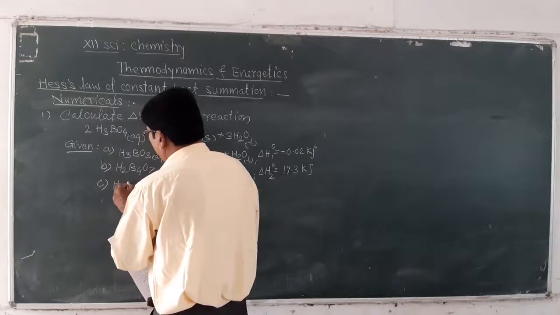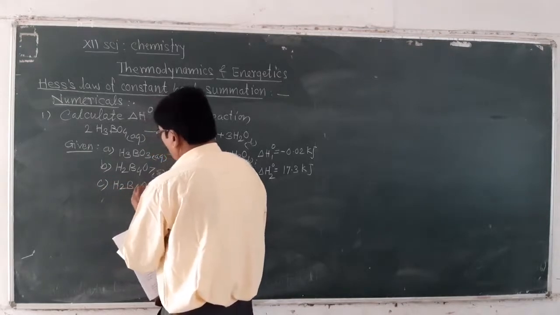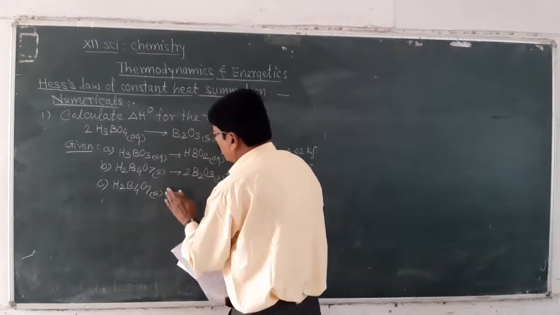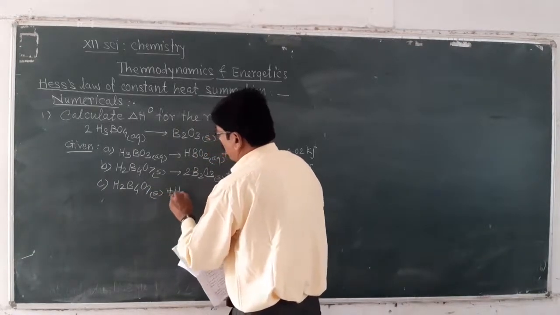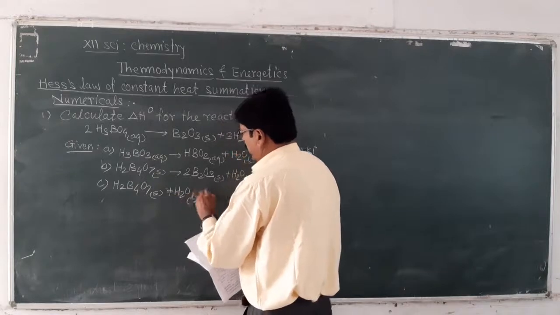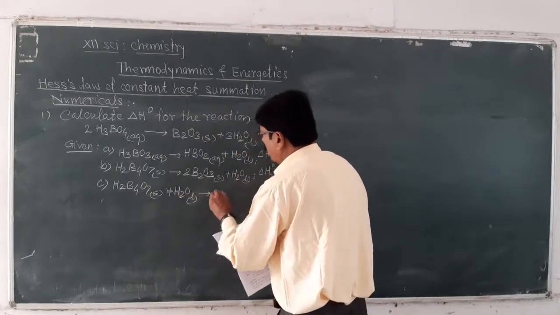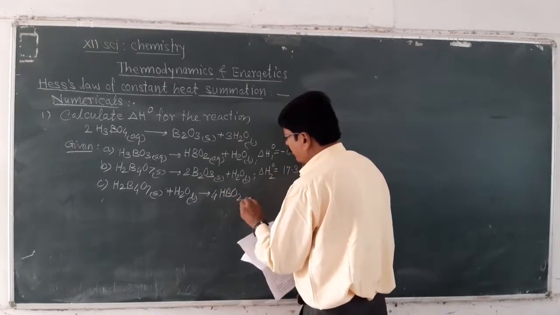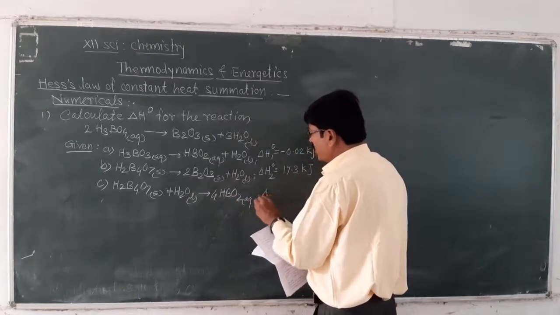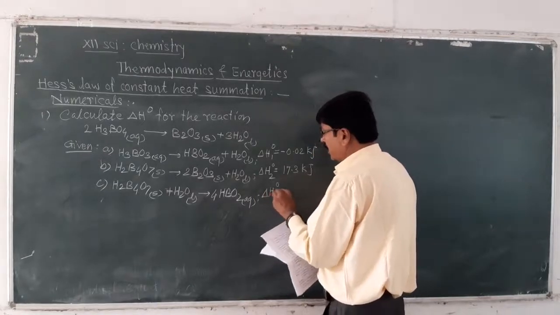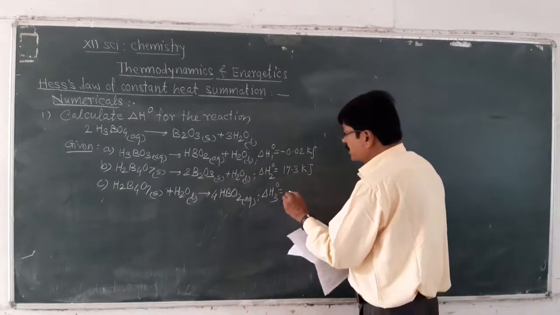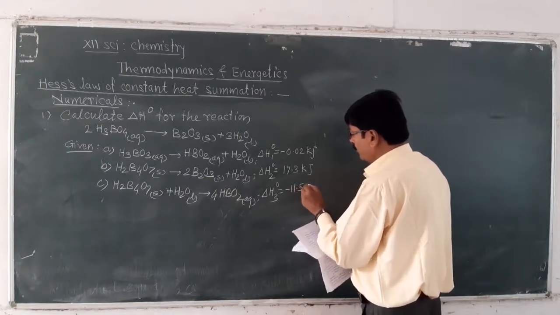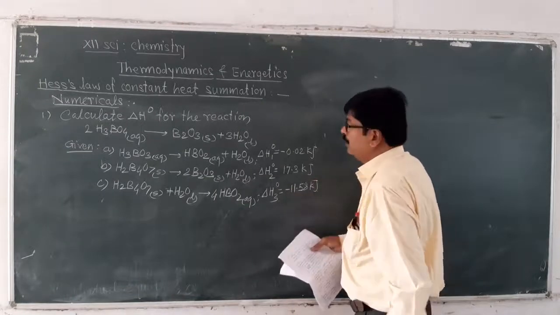And the third equation is given: H2B4O7 solid plus H2O liquid gives 4 HBO2 aqueous, and enthalpy change of this reaction, delta H naught 3, is minus 11.58 kilojoule.